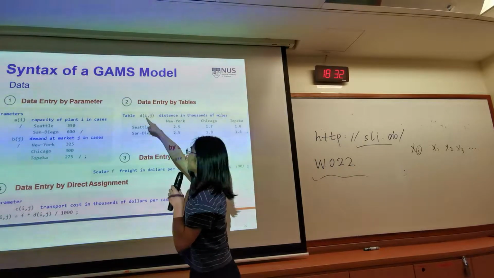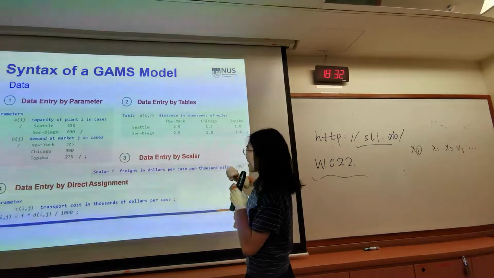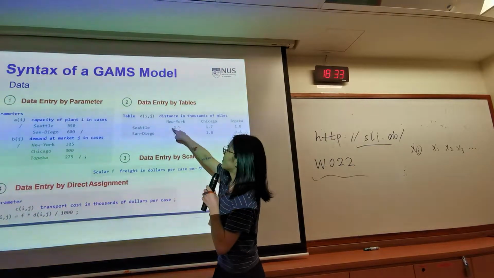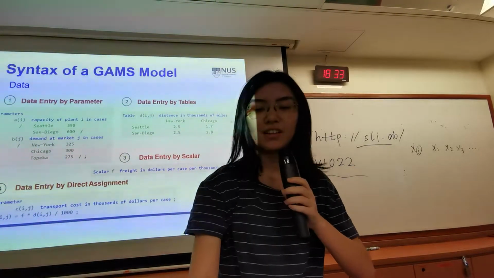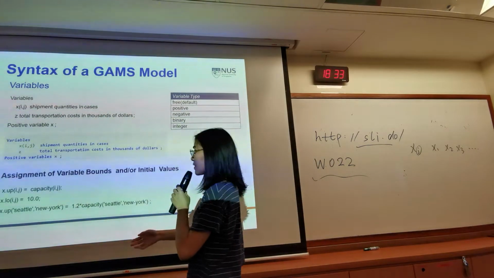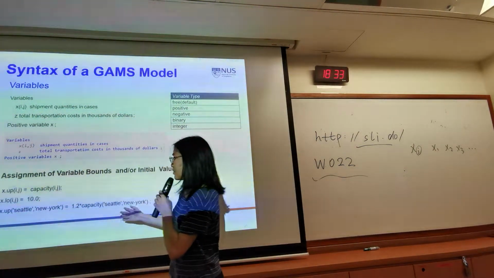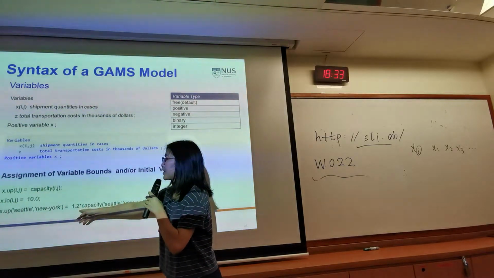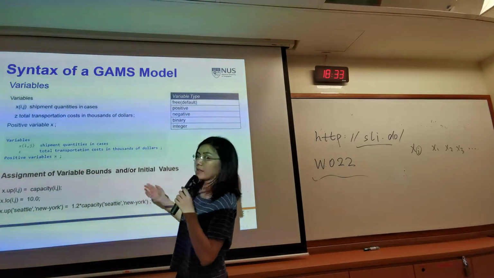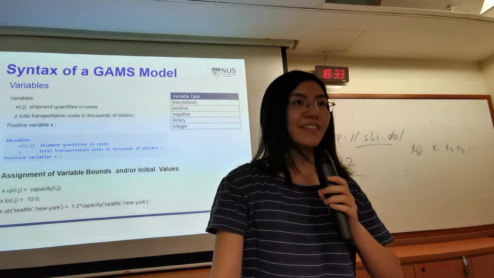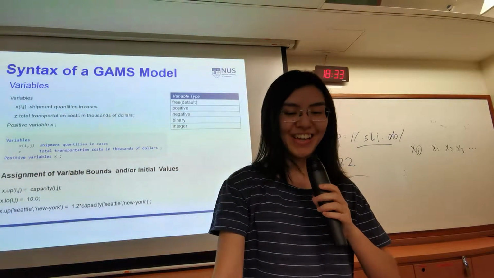For example, if this is capacity, so capacity Seattle, New York should be this value. So it means that the corresponding one in the variable should be 1.2 times the one in the parameter table. Is it clear? Yes, okay.